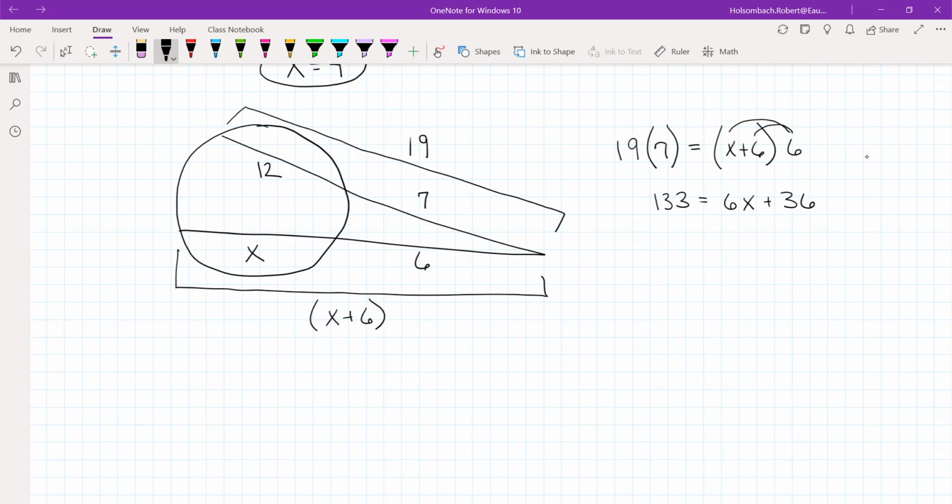And in order to solve for x, we're going to subtract 36 from each side. So 133 minus 36 is 97, equal to 6x. And then we're going to divide both sides by 6.